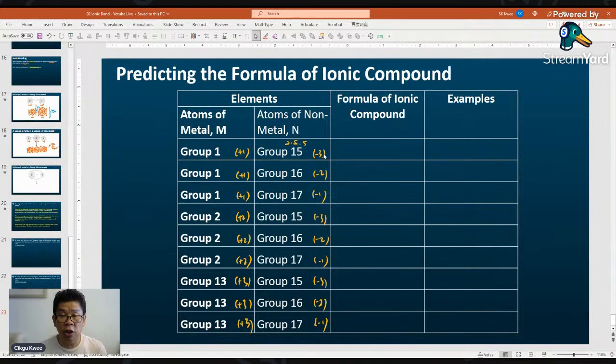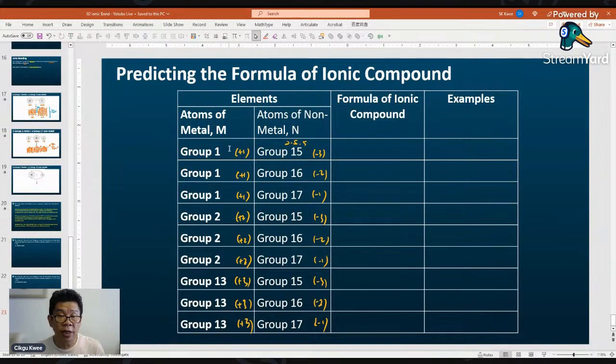This is the charge. After we know the charge, we can write the formula. The charge of the negative and positive ions must be balanced.